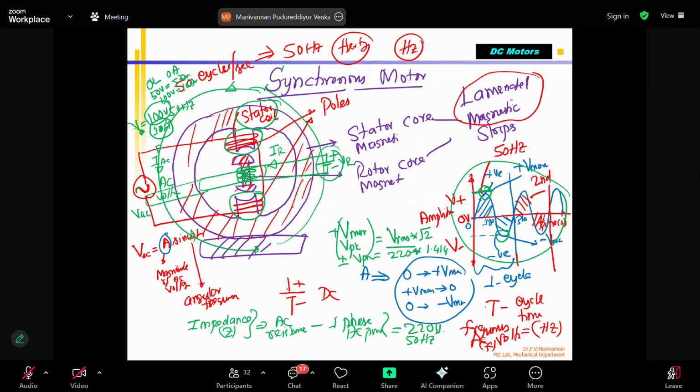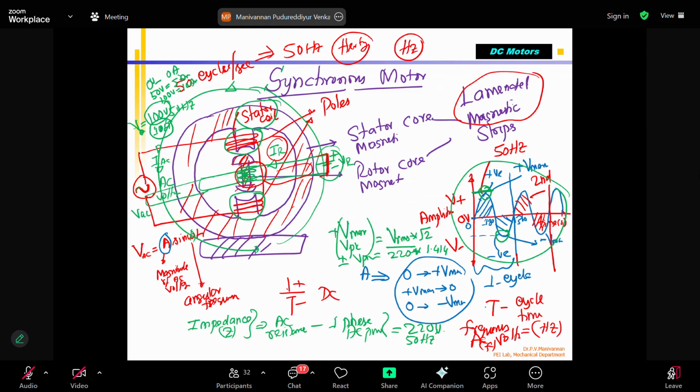Since the rotor coil ends are short circuited in the induction motor, the voltage induced in the coil automatically causes a current to flow in the rotor. This is called the rotor current, IR. That is why it is called an induction motor: the voltage is induced in the rotor coil because of the stator magnetic field.